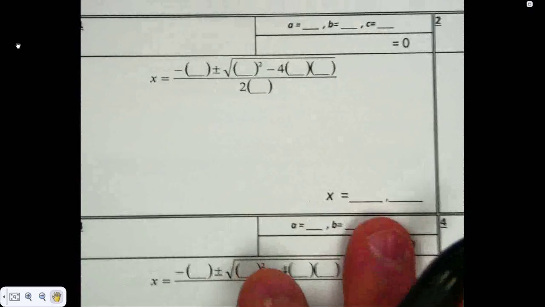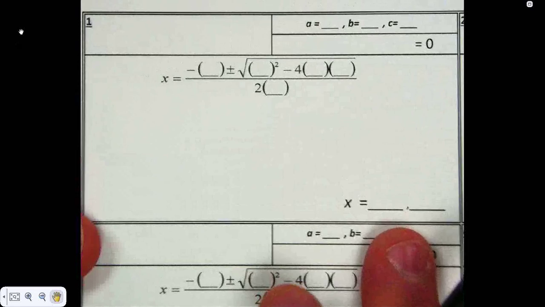This is what your worksheet's going to look like. I am just going to pick some numbers here.